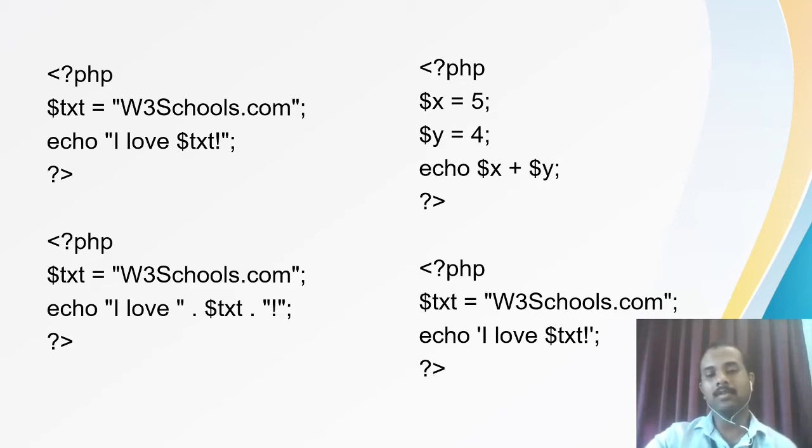If I now use double quotation also, that is echo "$z", then also 9 will get printed. Why? Because double quotation is going to expand the variables present inside it, right? So it will be printing 9.